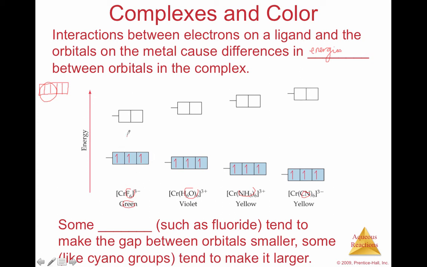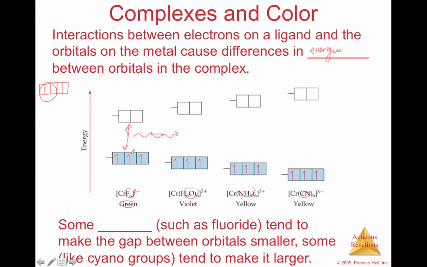The difference in gap, the distance between the d orbitals, produces a wavelength in the visible range. This is why transition metals, which have d orbitals, exhibit color.